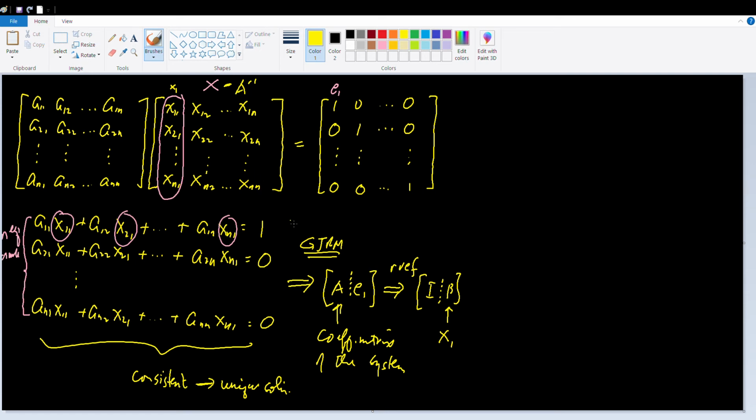So, what we do next is we determine the values now of the second column of X. And to do that, we will repeat the process which we have already done previously.